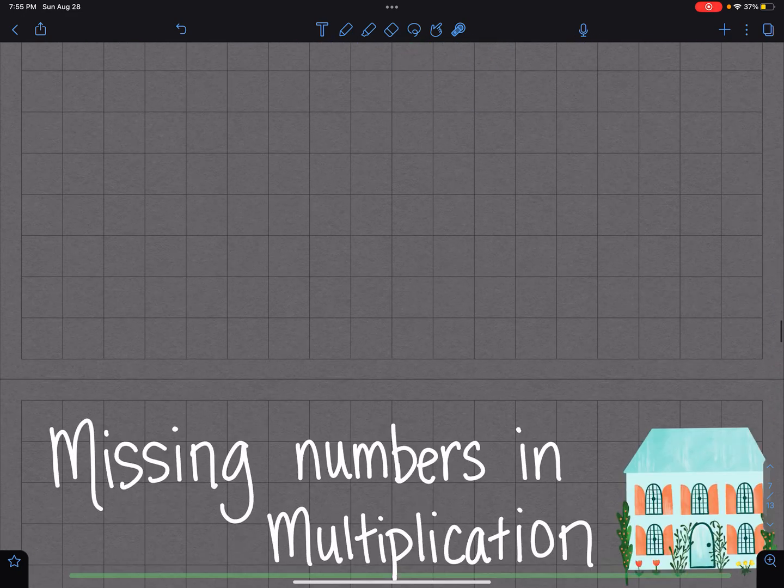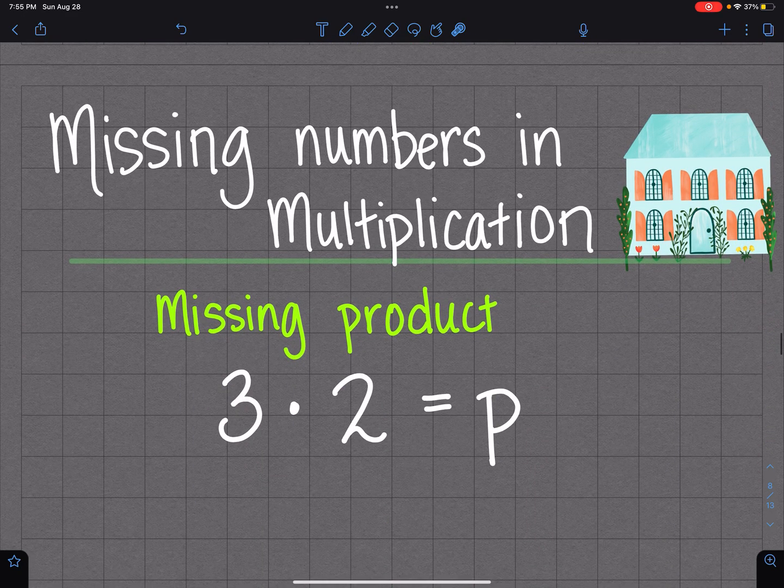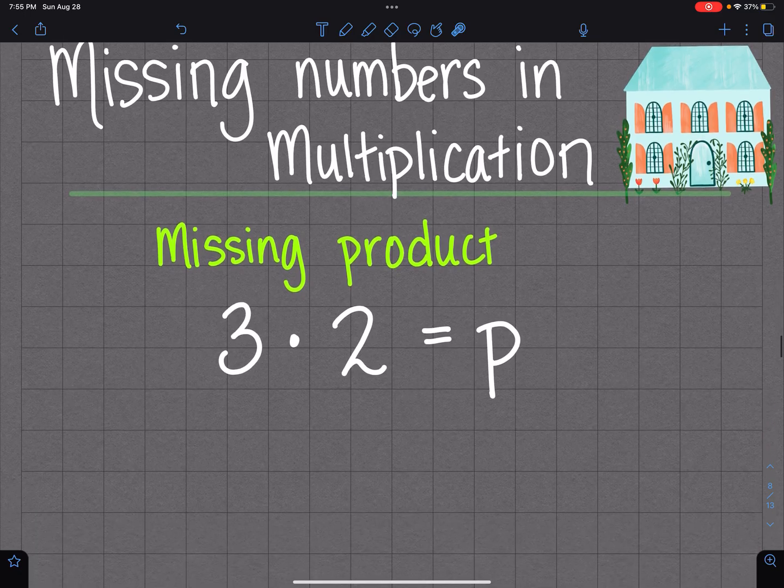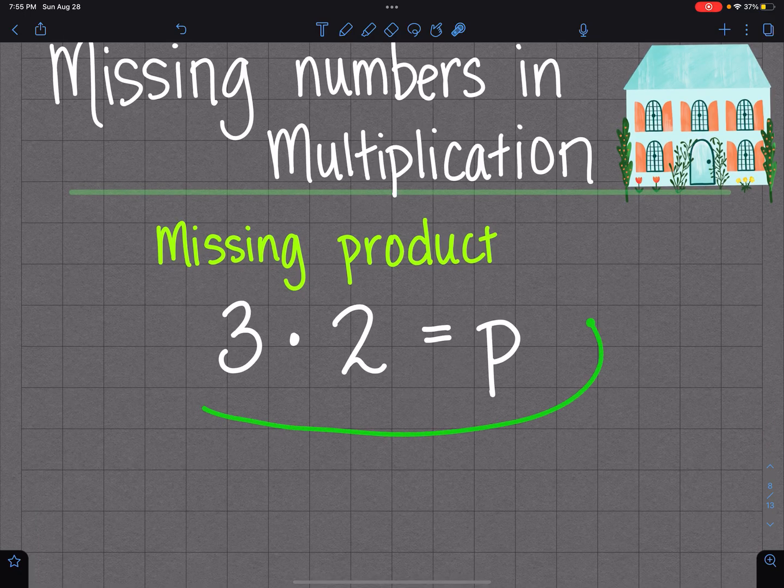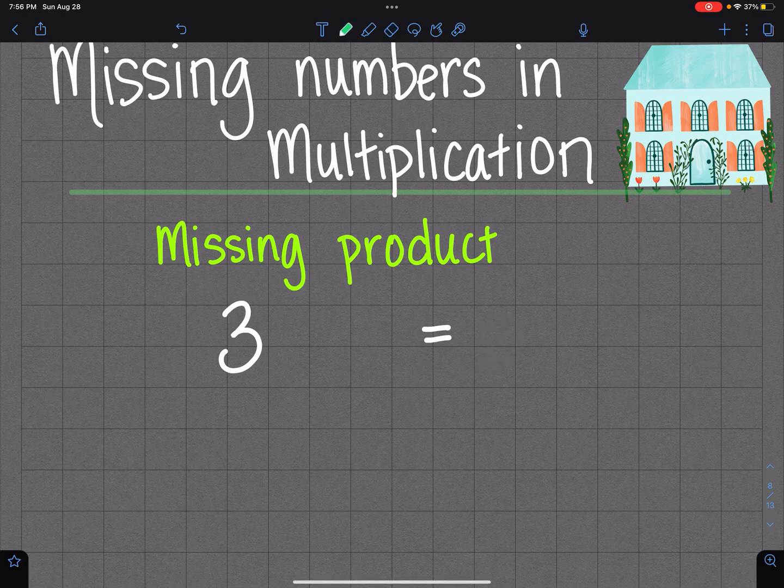All right, what do we do with missing numbers in multiplication? There are a couple ways that they can present a problem like this. Of course, you could have a missing product, where you have a multiplication problem and you just don't know the answer to it. You could have a missing factor. So instead of knowing this 2, maybe we don't know the 2, and maybe we know that the answer here is 6.